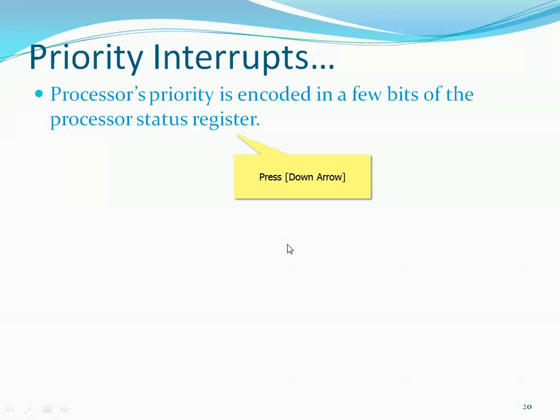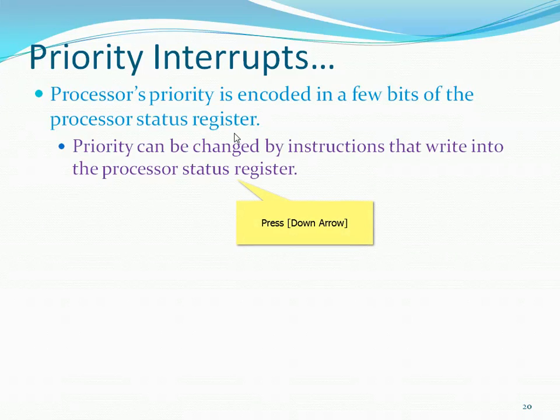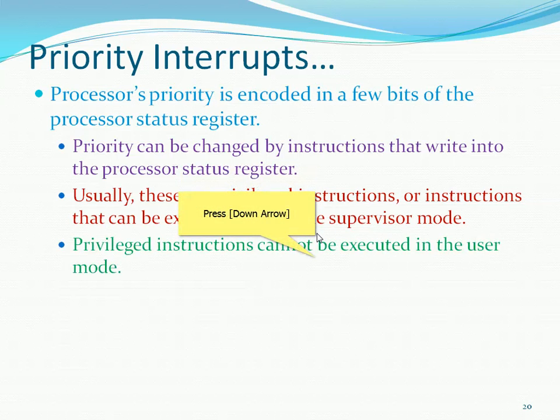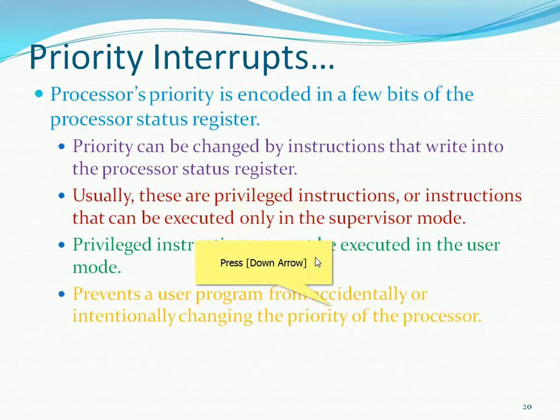Processor priority is encoded in a few bits of the processor status register, so it can be changed by instructions that write into the processor status register. Usually these are privileged instructions. Instructions that can be executed only in the supervisor mode. Such supervisor mode will be given to the top priority devices. Privileged instructions cannot be executed in the user mode.